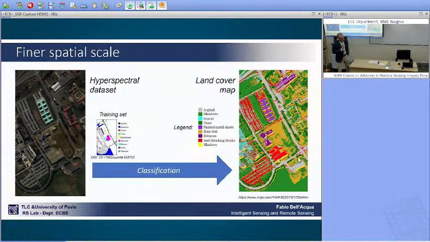So if you go for in situ inspection, you will get a very accurate map. You will spend all your money, but you will get a very accurate map. If you don't need all that accuracy, so if you're ready to live with a certain percentage of error, then remote sensing gives you an opportunity to reduce the cost enormously. But it comes at a price.